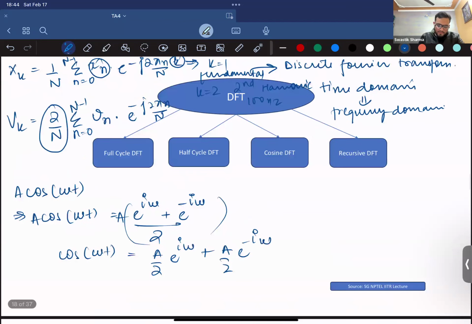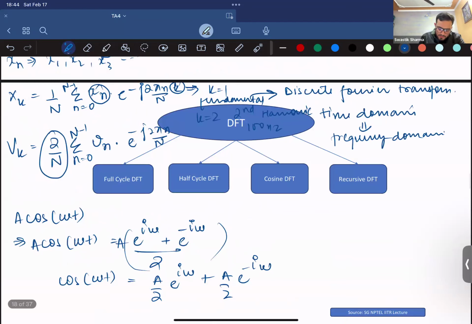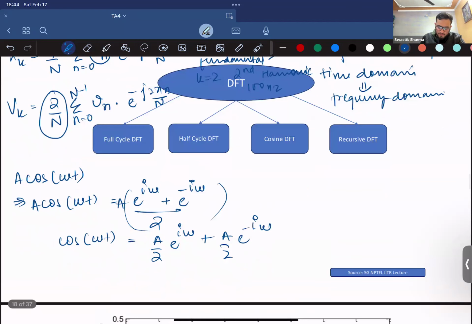Now, the component that is more relevant to the discrete Fourier transform is scaled by 1 by 2 of the whole signal, right? So to get the scaling done correctly and to make sure that your Fourier transform is able to replicate your signal correctly, you need to multiply it with 2 so that this factor of 1 by 2 doesn't come into play.